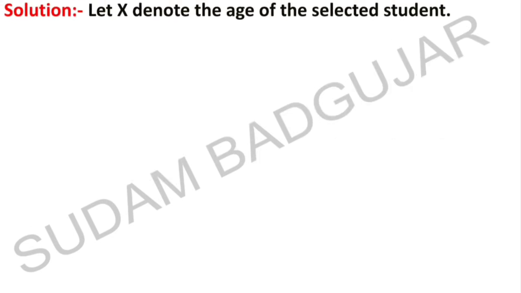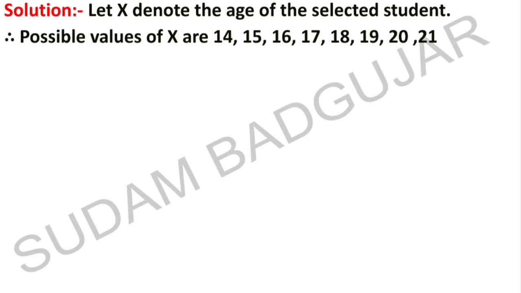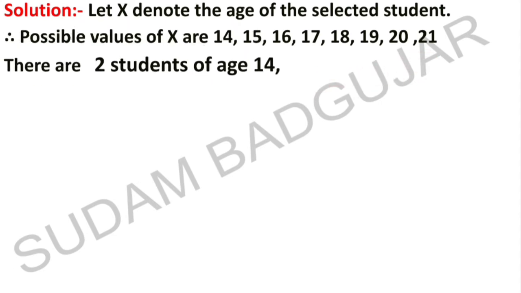So the solution is, let x denote the age of the selected student. Therefore, the possible values of x are 14, 15, 16, 17, 18, 19 up to 21. There are two students of age 14. Next, one student of age 15, because this data is given.